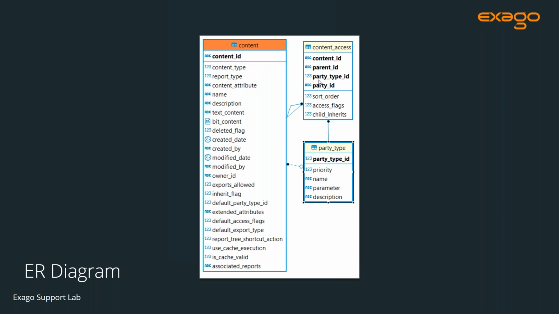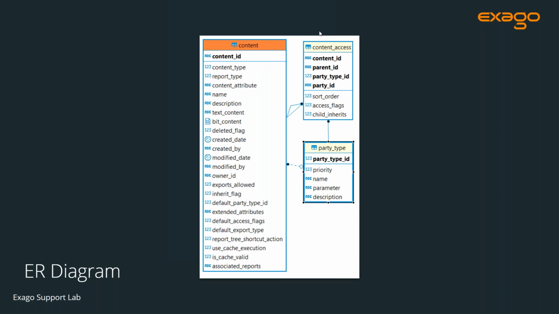And so the key here is that you may say, for the user level and this individual user. So this content record is going to say this is a user level record, specifying the party type. And then the party ID might say this is Travis, or this is Emma, or whoever it might be here.